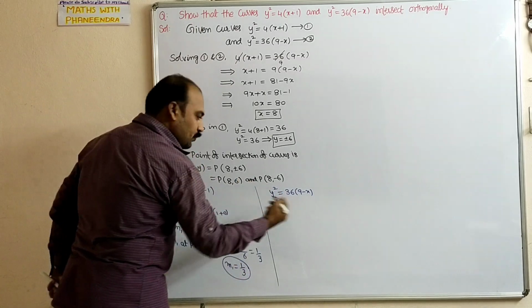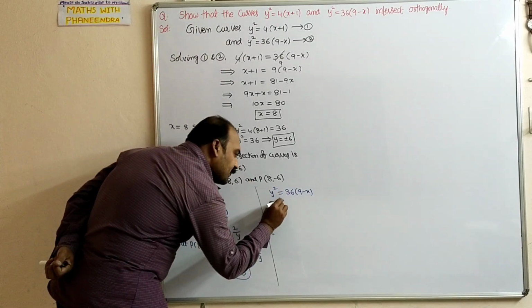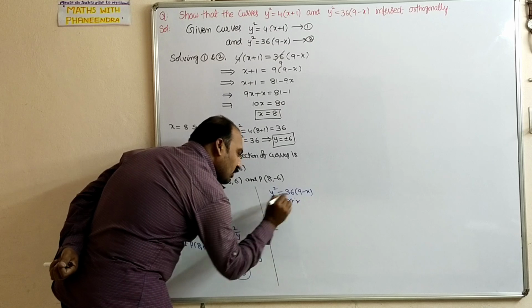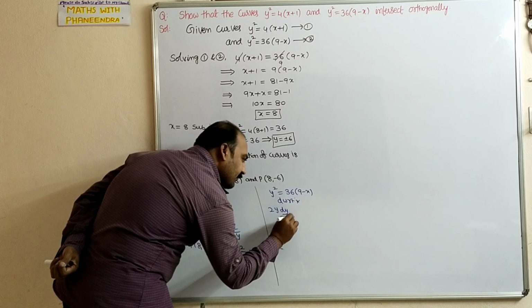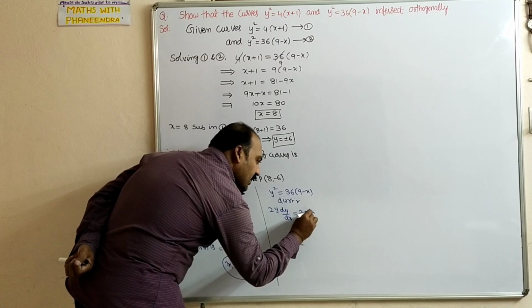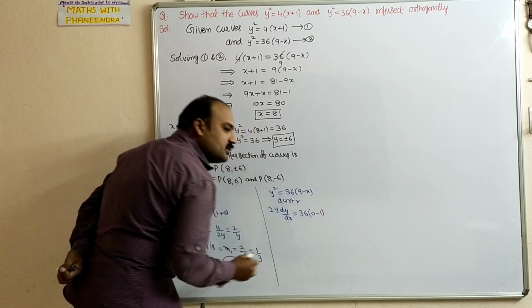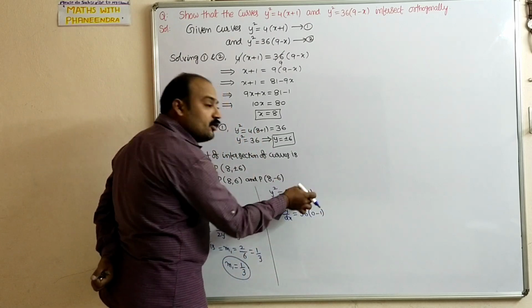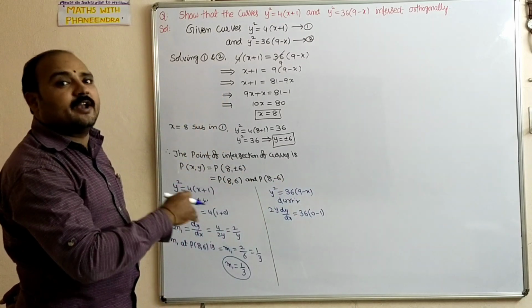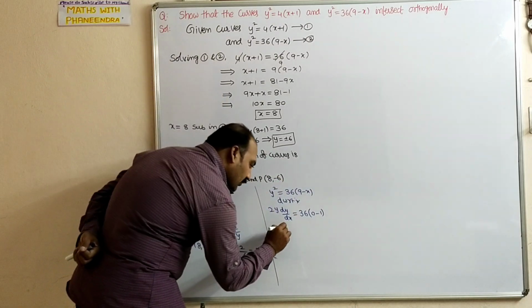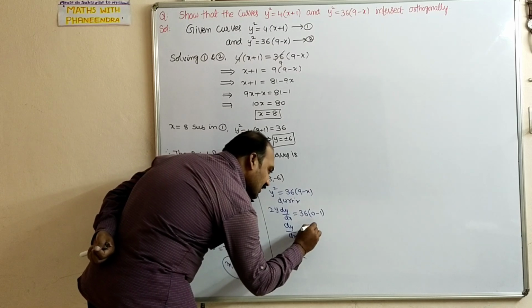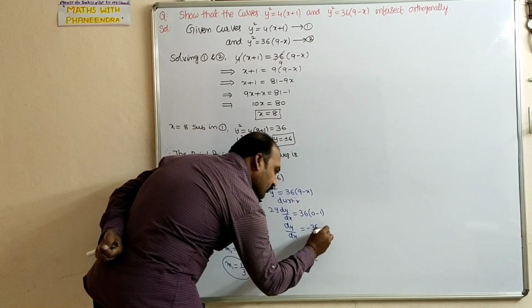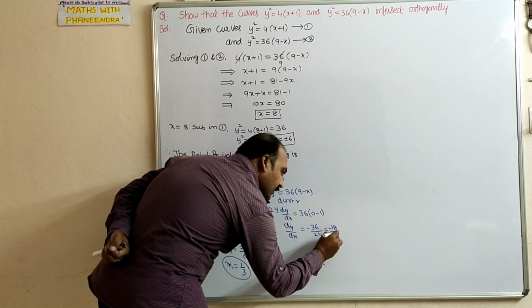Come to the second slope. Differentiate the second curve with respect to x. Y square derivative is 2y, times y derivative is dy by dx. 36 into (9 derivative is 0, minus x derivative is 1). Whenever constant into function is there, constant will be taken outside and then differentiate. So now I want dy by dx. dy by dx equal to minus 36 divided by 2y, which is equal to minus 18 by y.